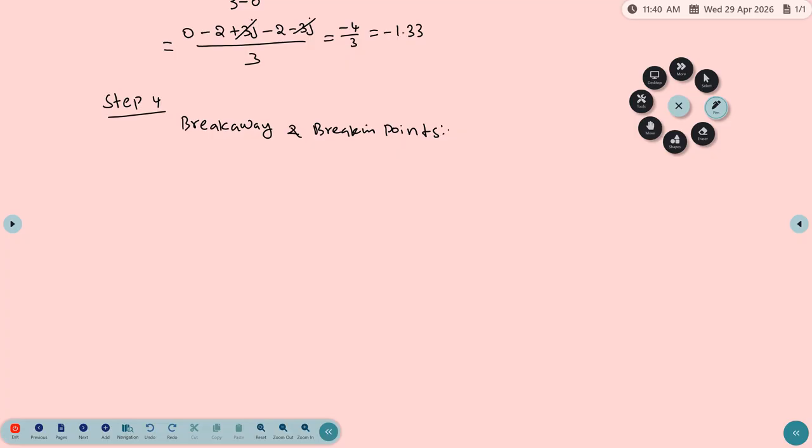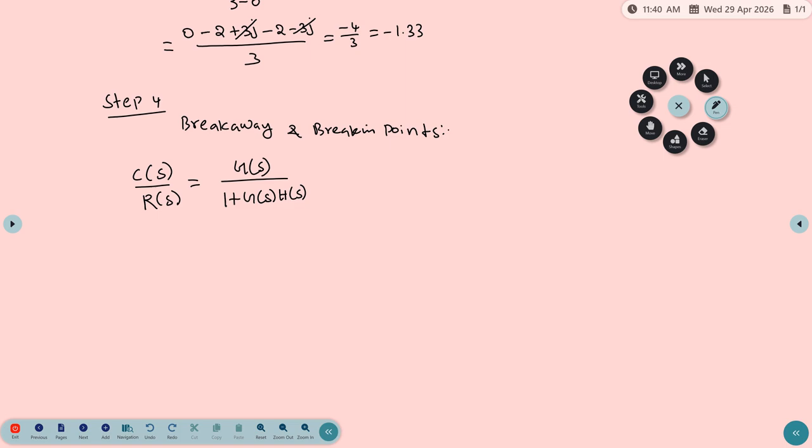So characteristic equation means first we need to identify the closed loop transfer function. From the closed loop transfer function only we are able to find out the characteristic equation. So we know closed loop transfer function is C of S divided by R of S, which is equal to G of S divided by 1 plus G of S into H of S. Yes, we know this formula, from unit number 1 onwards we are discussing it.